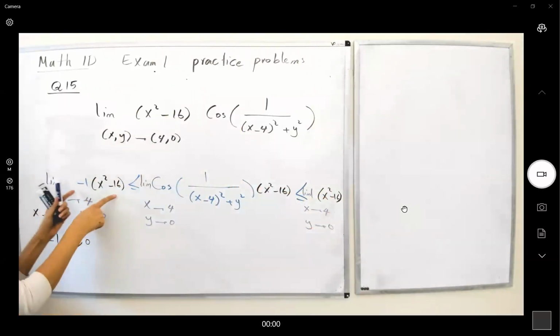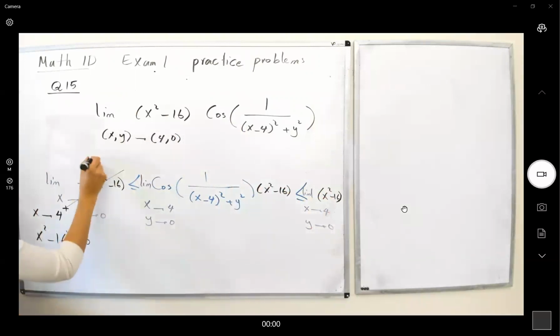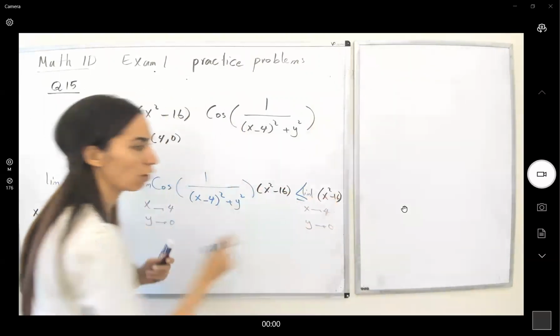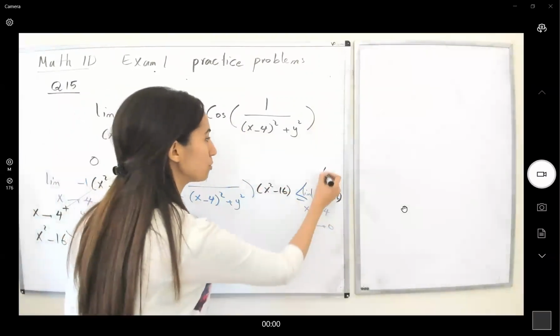Very well. The limit while x approaches 4 from right or left is equal to 0. The limit while x approaches 4 either from left or right is going to be 0.